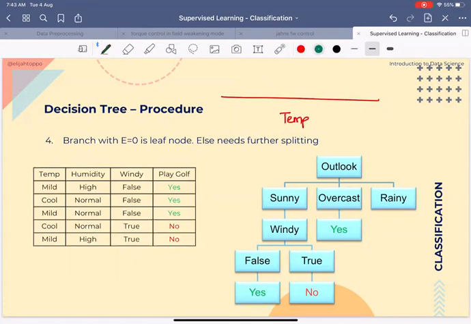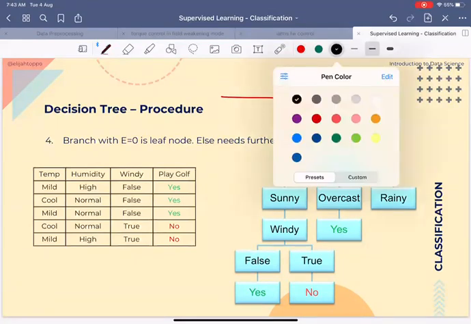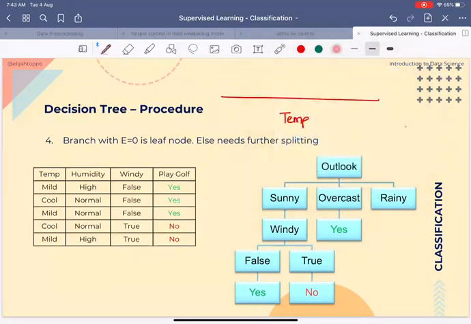On this number line there are different temperatures, and green represents one set of data, and pink represents another set of data. Green says I have a sample here, here, here, here. Pink says I have a sample here, here, here, here. So this is how my temperature is distributed, and some values are yes, some values are no.